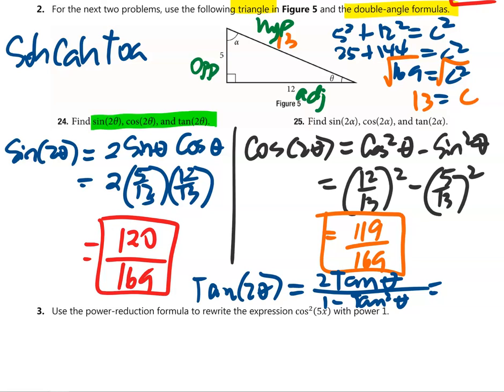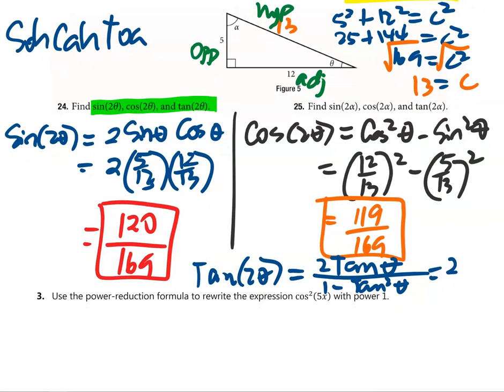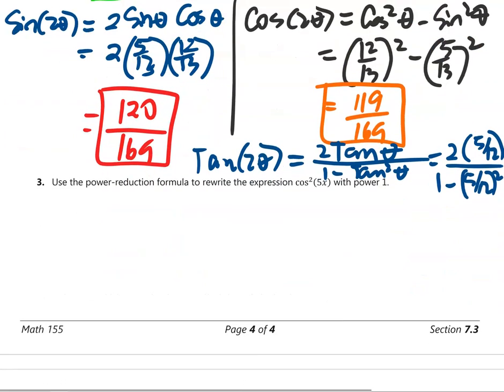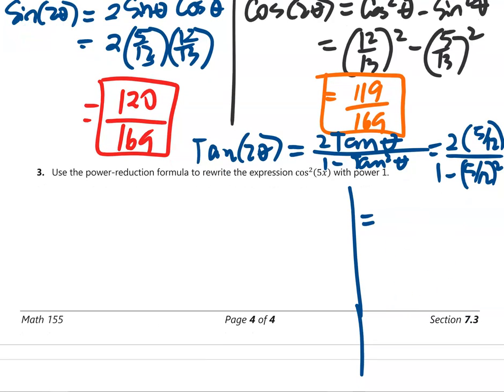So this is 2 tangent, which is opposite over adjacent, 5/12, over 1 minus 5/12 squared. So I'm going to use space here. So that is equal to 2/12 is 6. So this is 5/6 over 1 minus 5/12 squared is 25/144.